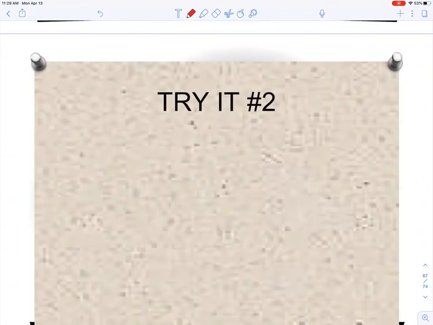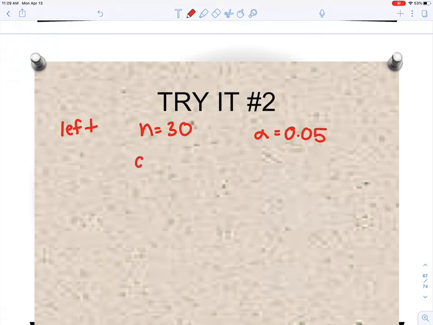Okay, number 2 says find the chi-square value for a left-tailed test with an n of 30 and a level of significance of 0.05. Start out by finding your degree of freedom, which would be 30 minus 1, or 29.